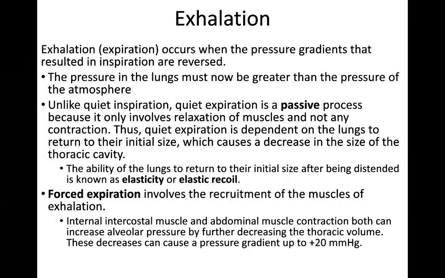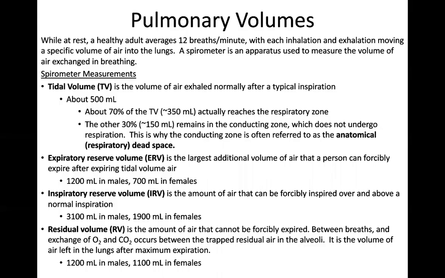So really, that 150 mils doesn't do anything for us because it never makes its way to be exchanged with the blood, which is why another term for the conducting zone is your anatomical or respiratory dead space. Not that it's actually dead tissue, obviously, it's just, as far as respiration goes, serves really no purpose for gas exchange.